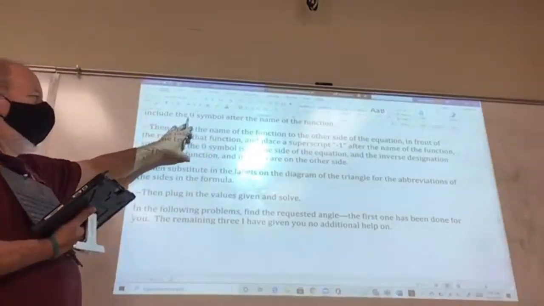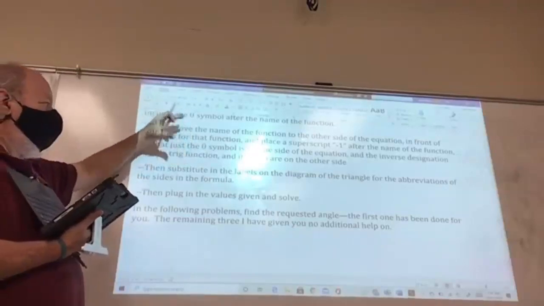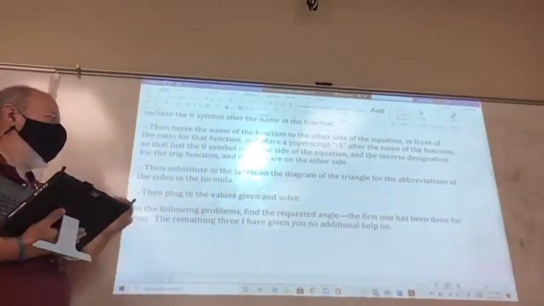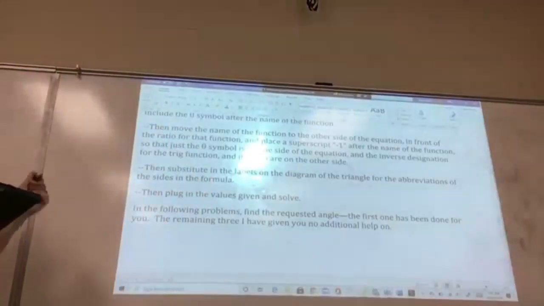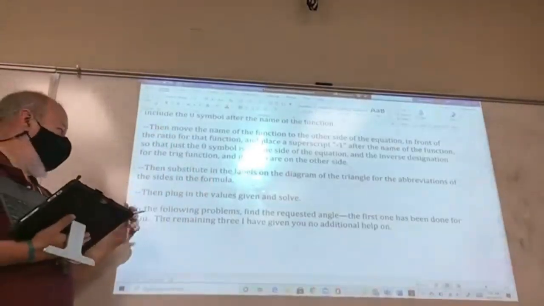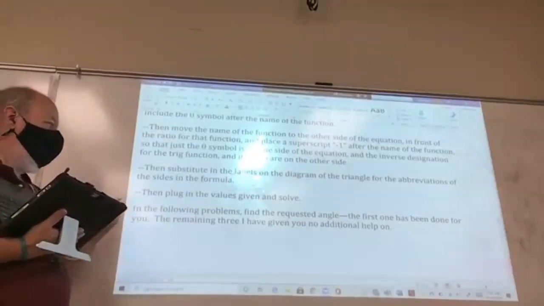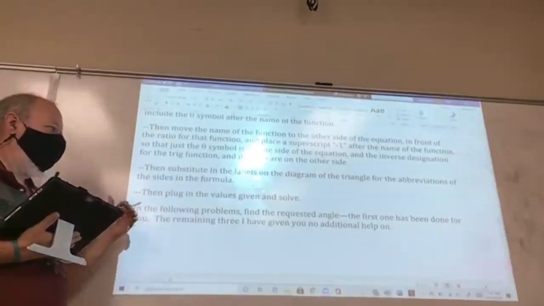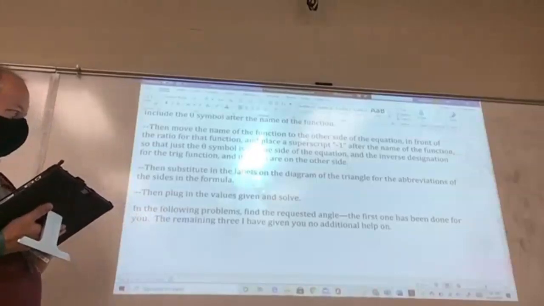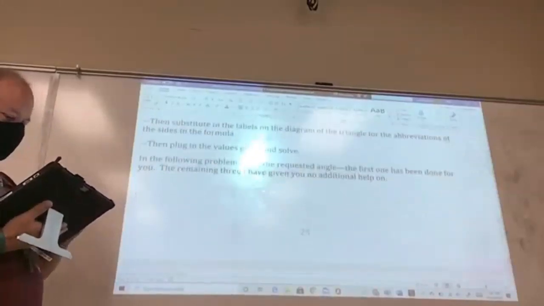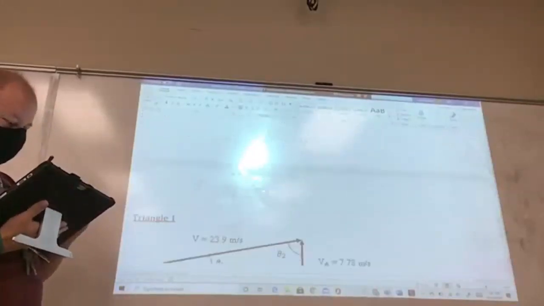Okay? That's the difference in this strategy than the other one. Then we're going to substitute in the labels on the diagram, plug in the values, and solve. So in these following problems, find the requested angle. The first one's been done for you. The remaining three I've given you no additional help on.